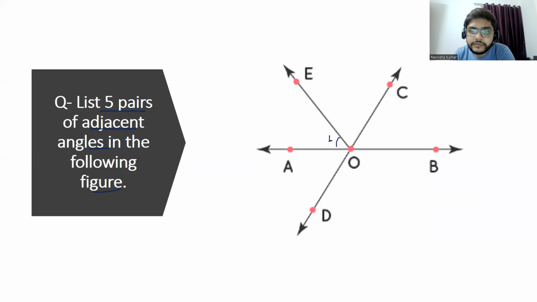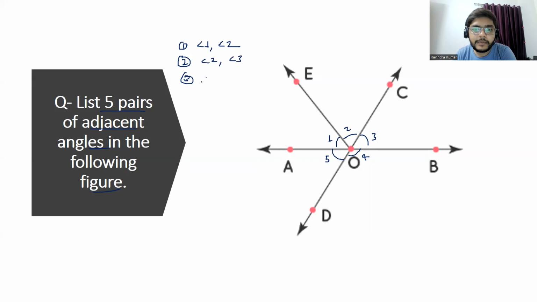It is 1, it is 2, it is 3, it is 4, and it is 5, right? So the first pair, we are moving from this point. First pair we have angle 1 and angle 2. Second pair we have angle 2 and angle 3.